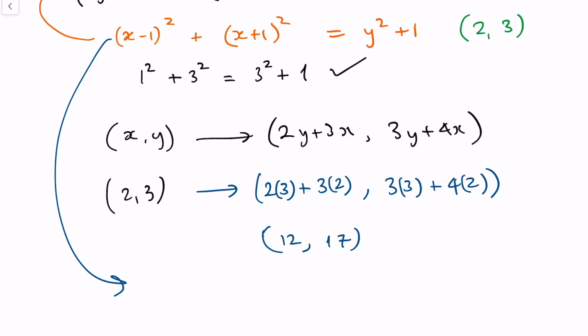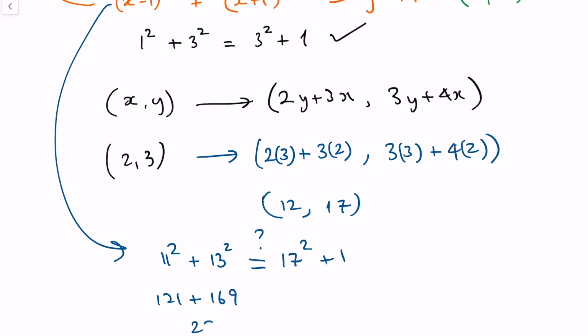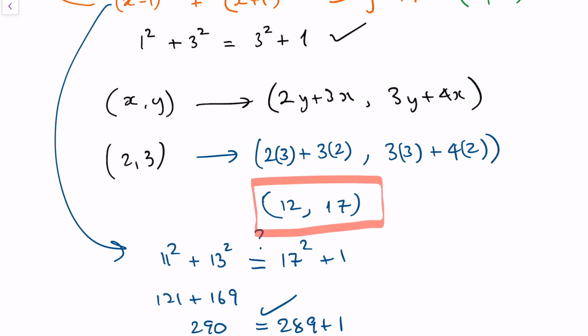If x is 12, we have 11 squared plus 13 squared. Now, is it equal to 17 squared plus 1? Okay, so 11 squared is 121 plus 169, so that will give us 290. Now, is it equal to 17 squared, which is 289, plus 1? The answer is yes, indeed, it is equal, right? So the next solution we have here is 12 and 17, right?